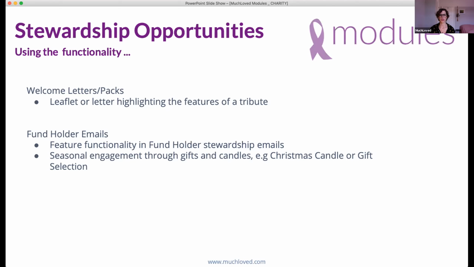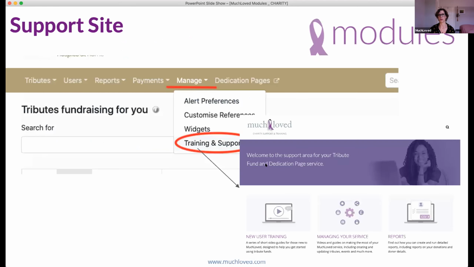The last thing I wanted to remind everybody this morning is that there is a charity support site available to you. You can access it through your partner area by clicking on the Manage tab and then Training and Support, and it will open up our charity support site. On that, there is absolutely loads of information. Lots of training videos, so you can get really bored of watching me, and Catherine also helped me out with some of the videos.